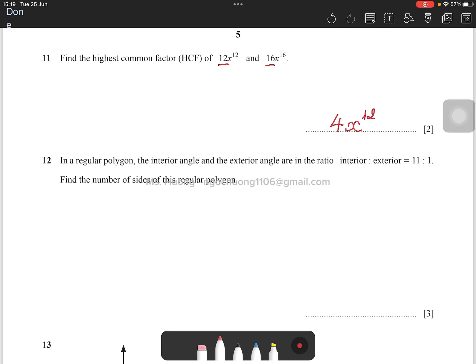Question 12. In a regular polygon, notice that this is a regular polygon. The interior angle and the exterior angle are in the ratio 11:1. Find the number of sides in this regular polygon. First, you know that the interior angle plus the exterior angle is equal to 180 degrees.